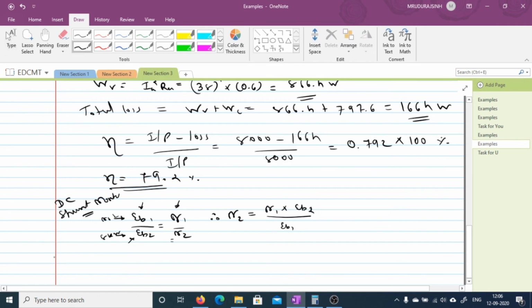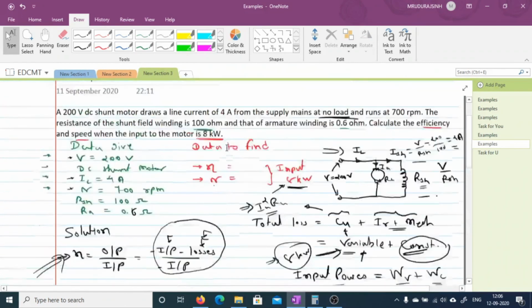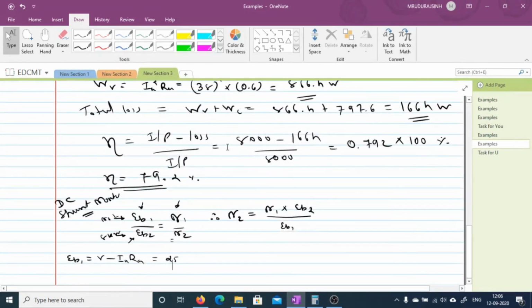So let's calculate here EB1, the back EMF at no load condition, and the equation for back EMF is equal to V minus IA RA. Voltage is 200 volt.